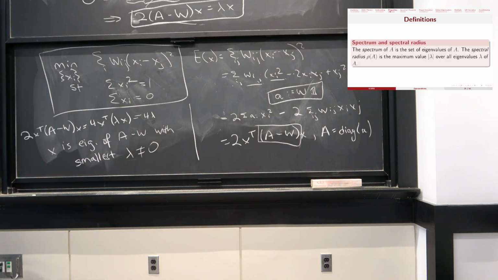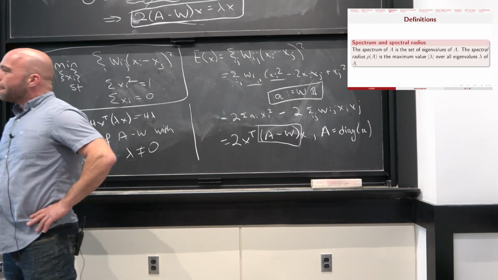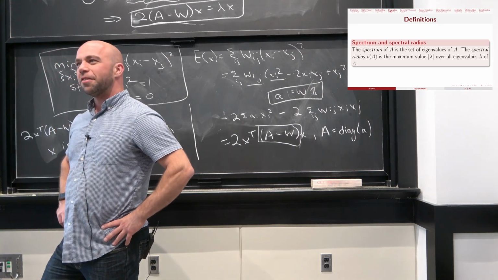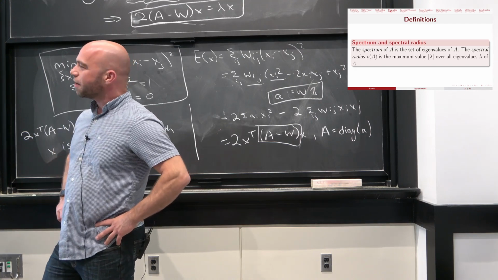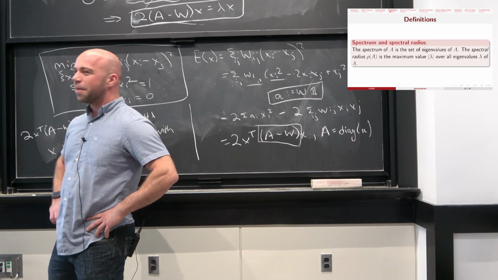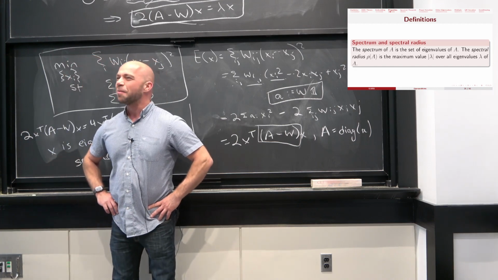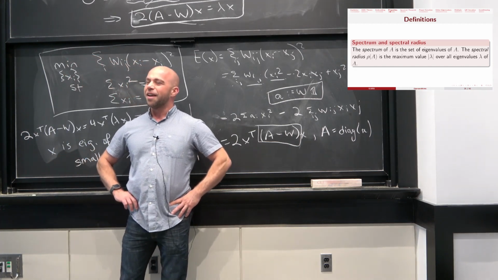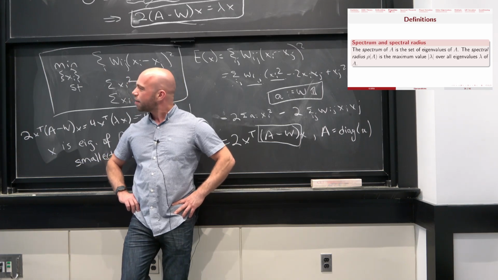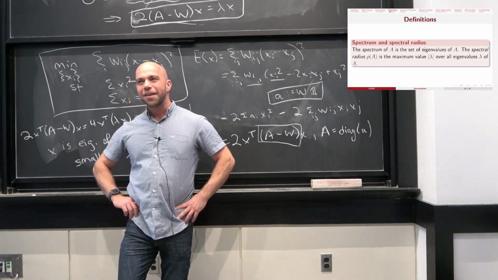A few more definitions, and then I think we'll call it for today, mostly because I could use a bathroom break. We're going to define a particular object called the spectrum of a matrix, which is the set of all eigenvalues of the matrix. Oftentimes we think of the spectrum of an n by n square matrix as having size n. Often that is the case, but not always. When you have a full set of eigenvalues, that's a good thing.